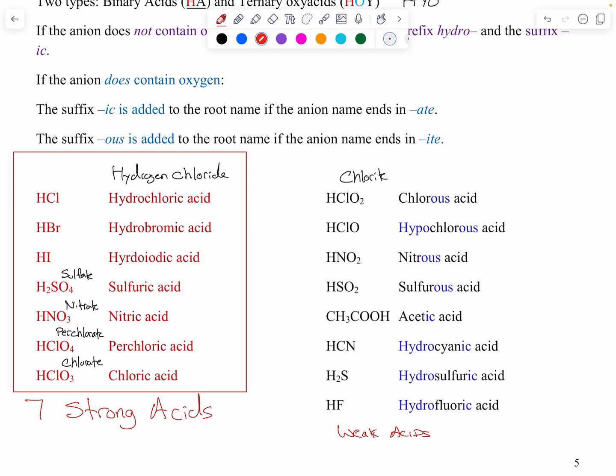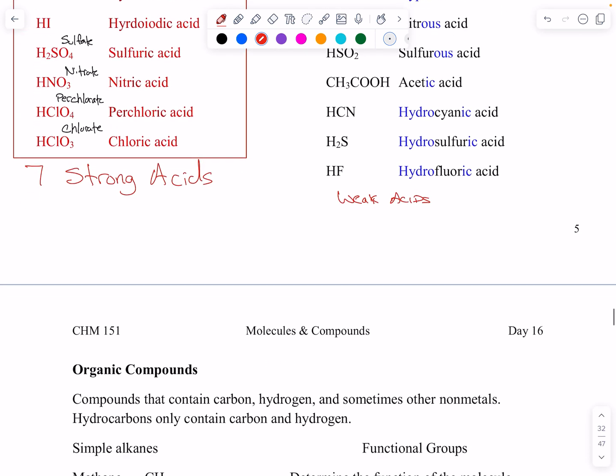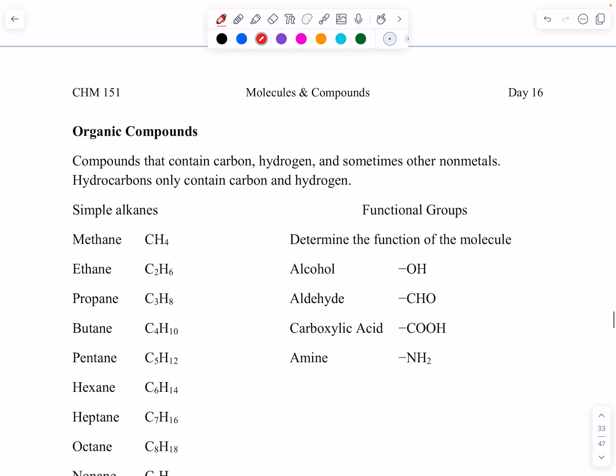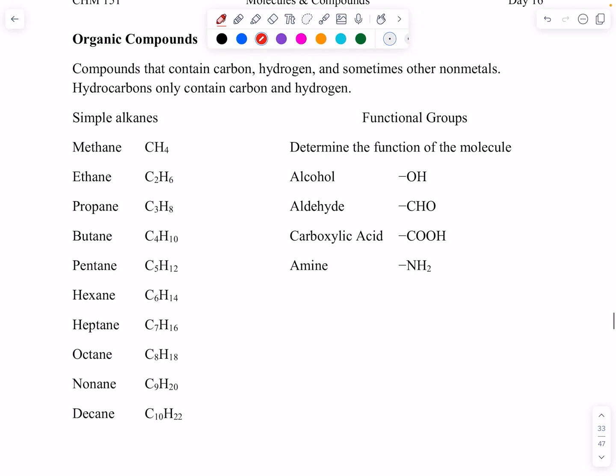Now, last thing your book talks about, organic compounds. And it introduces it, all right? Hydrocarbons contain only C and H, carbon, hydrogen. And alkanes here, these are all what we call single bonds.